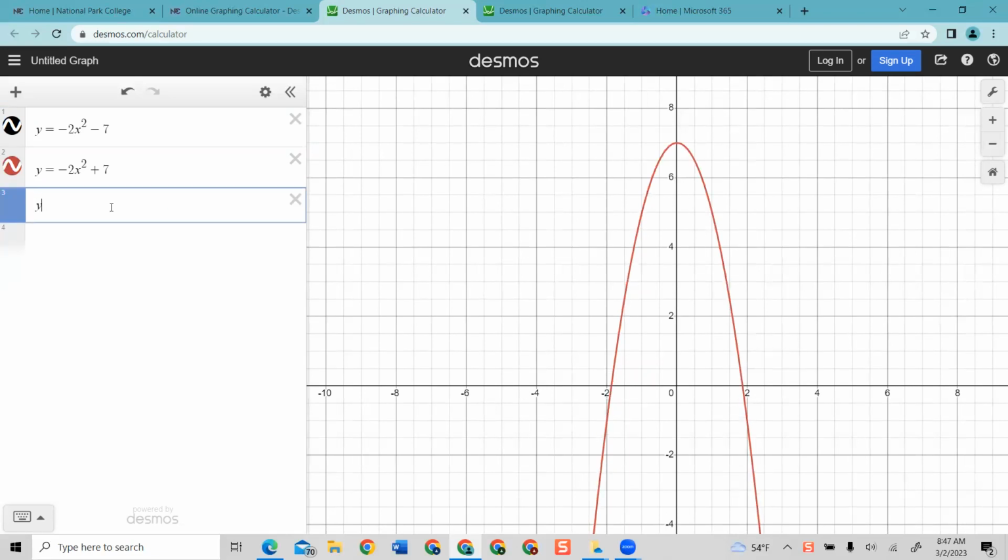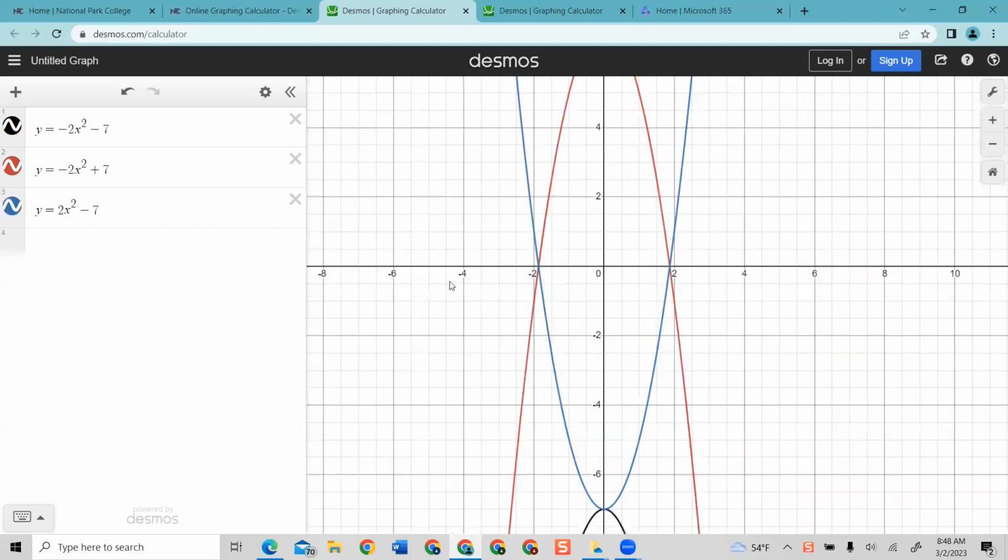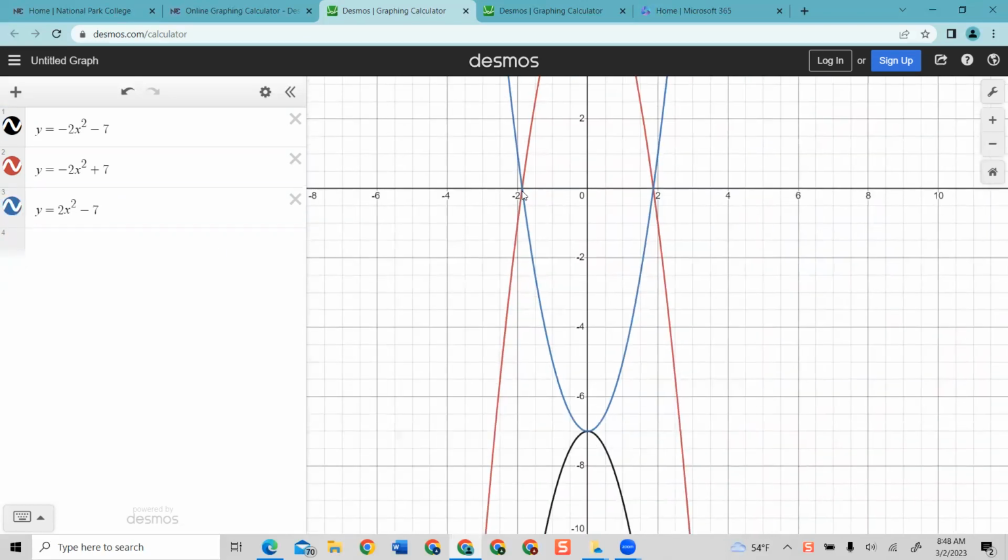What if that 2 was positive? And let's go ahead and do that negative 7. Look here, the blue one is this next one. So you've got x-intercepts, and you have your y-intercept. Now we can make our 2 negative and do positive 7.